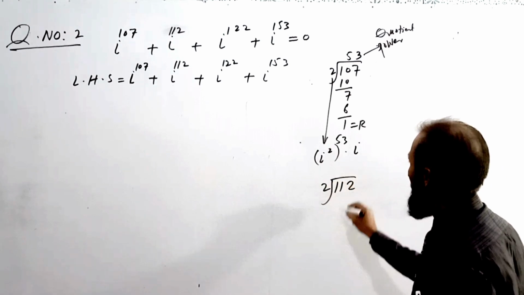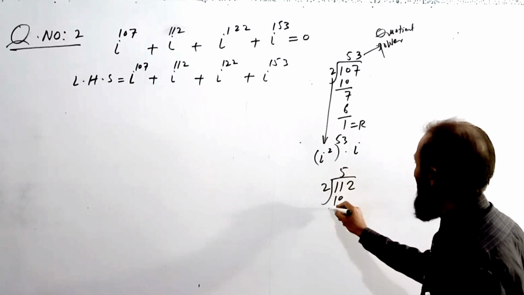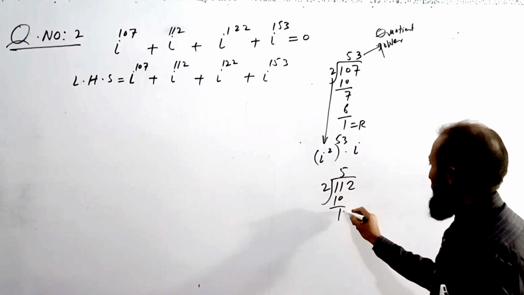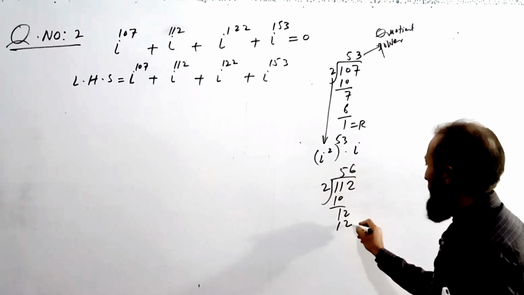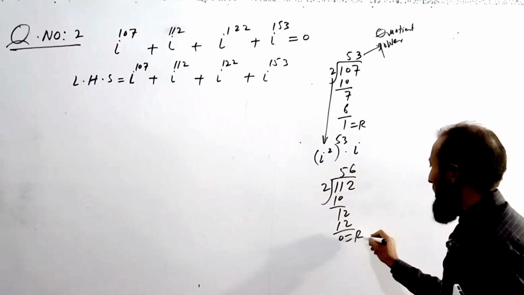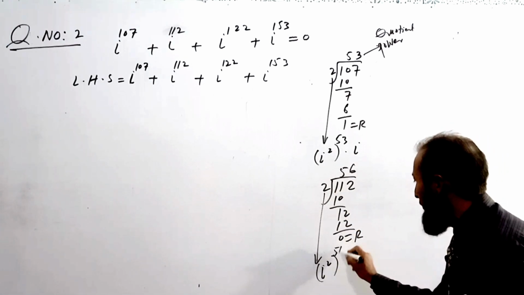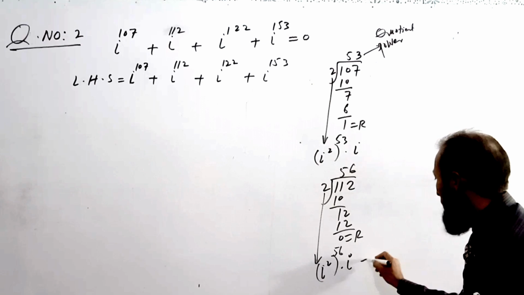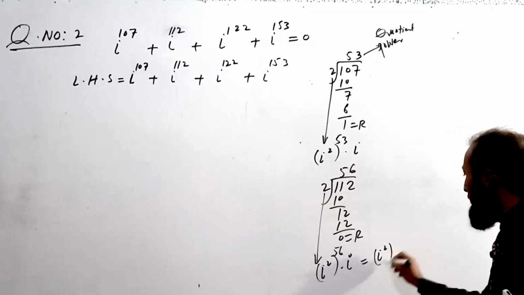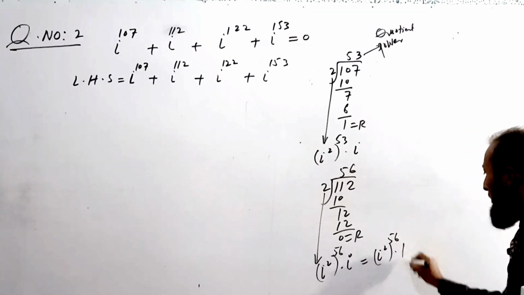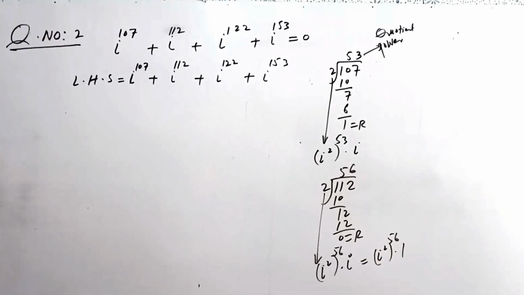Similarly, we divide: 5 times 2 is 10, we get 6 times 2 is 12, so the remainder is 0. We can write this as iota square whole power 56, iota 0. So iota square 56, anything to the power 0, the result is 1.